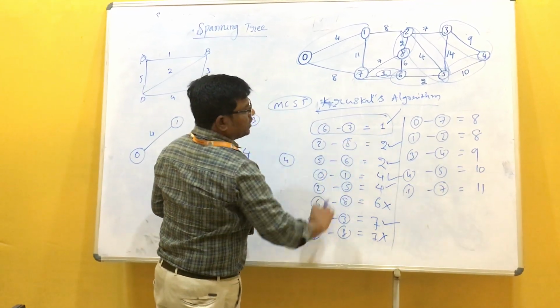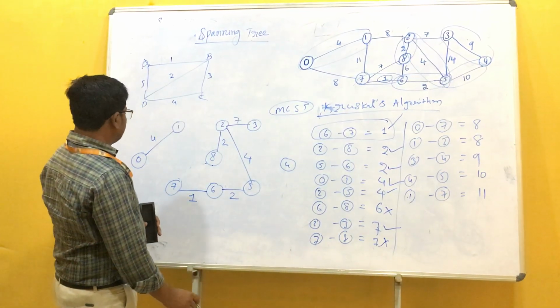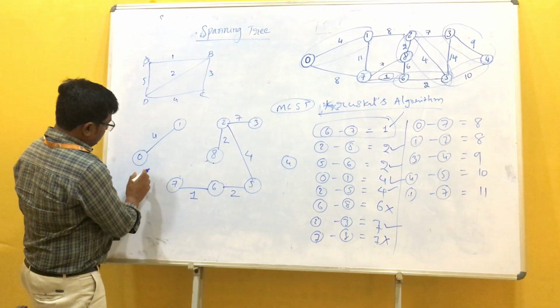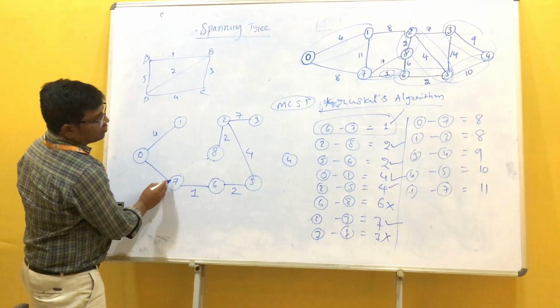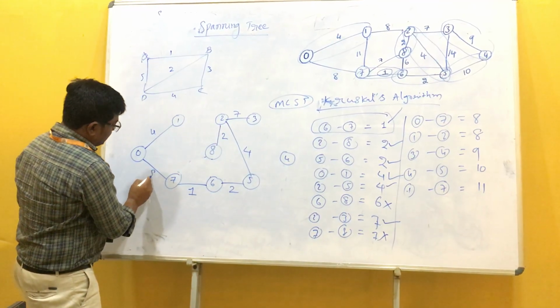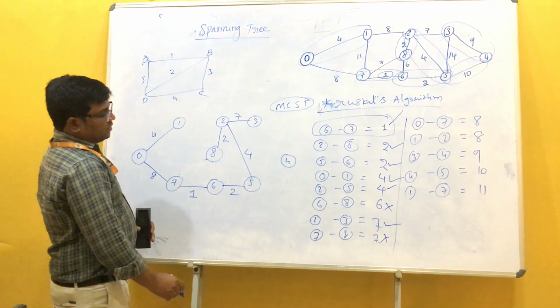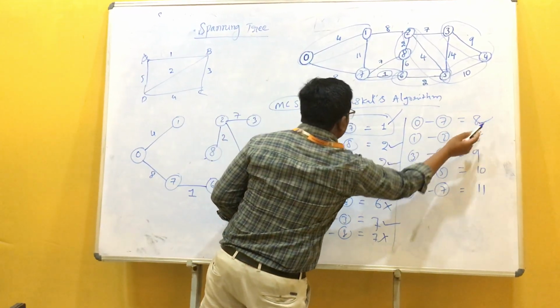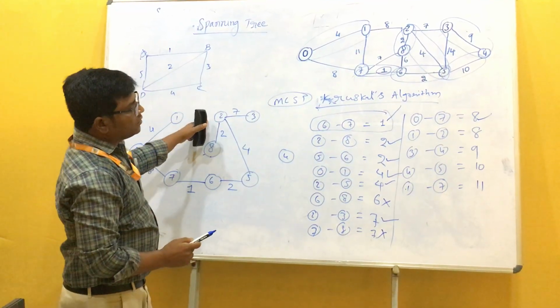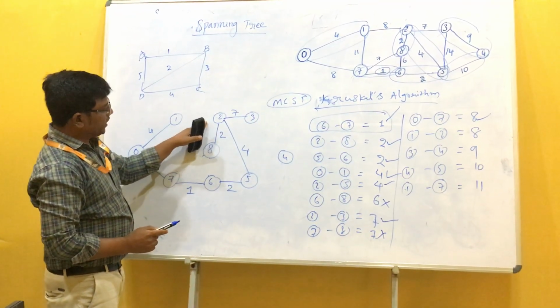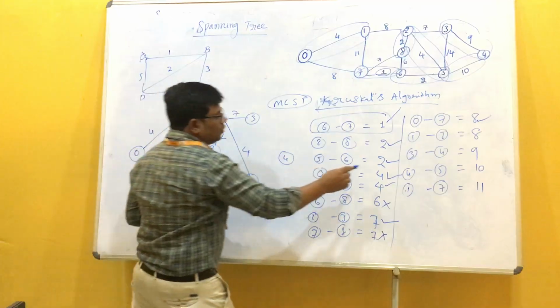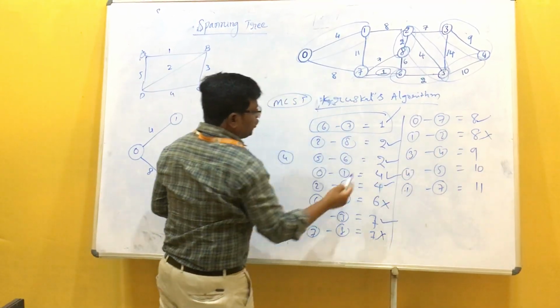Next we go for the next edge 0 to 7. That is 8. This is not forming any loop, so we consider that edge with the cost 8. Next 1 to 2. Let us suppose we take 1 to 2 here. It makes a loop, so we avoid taking this edge. Next 3 to 4.